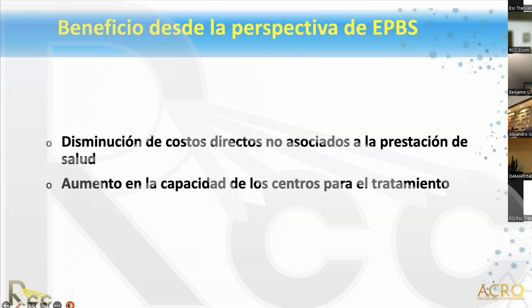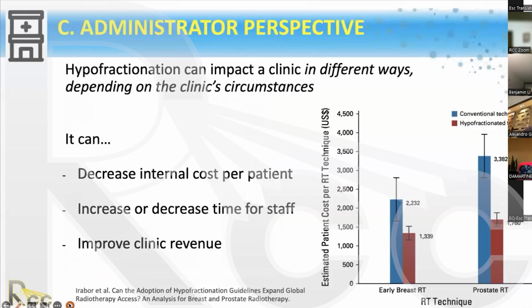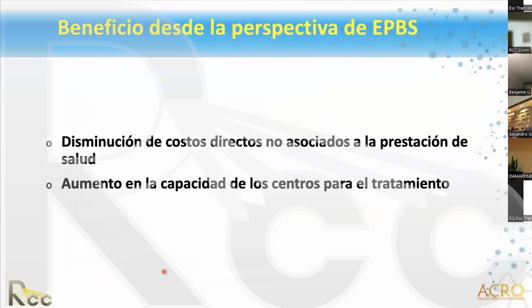So it's going to increase the capacity of the centers for treatment also, because if I have very long treatments, the center has fewer treatments it can do. If I have shorter treatment times, then it will also benefit the centers. So for me, it has been a pleasure to share this session with you today, and Benjamin will continue.